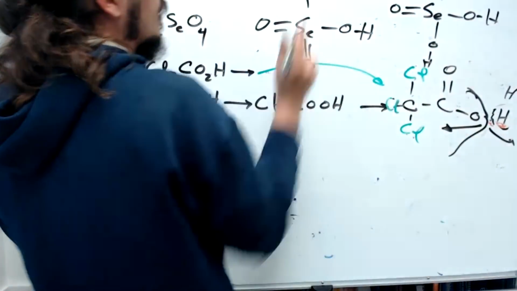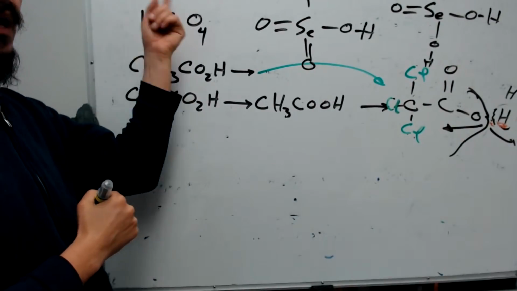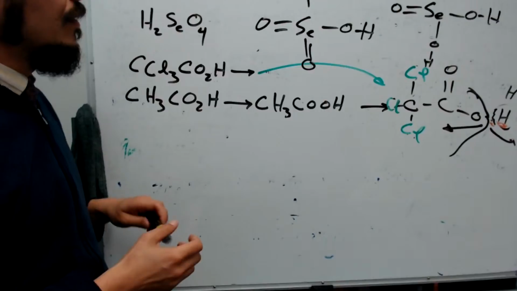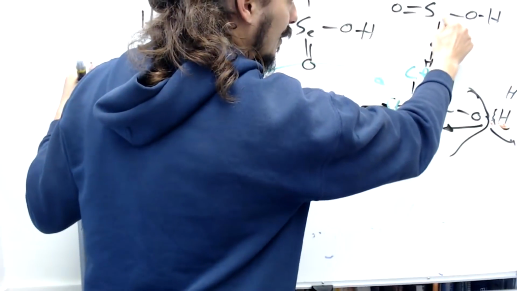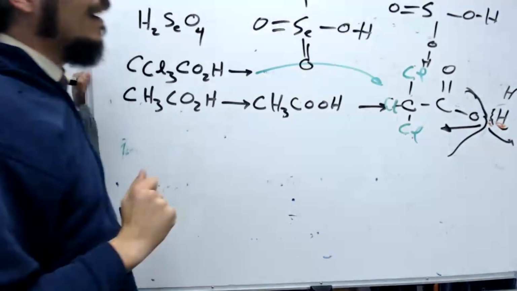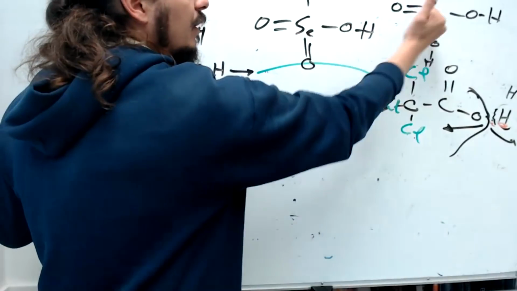But in this case, we've got the same number of oxygens and hydrogens, so the ratio comparison is the same. The main difference here is sulfur versus selenium.